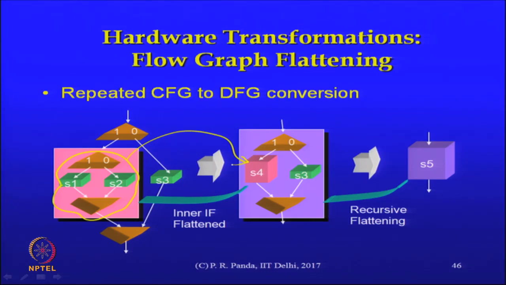Normally, we would do it if those basic blocks S1, S2, let us say they were simple enough that the logic resulting from the CFG to DFG transformation is also simple. At some point, if you arbitrarily do it irrespective of the nesting level of the conditions, the graph might just blow up in complexity and you might not want that. What kind of thresholds are used to demarcate this decision?